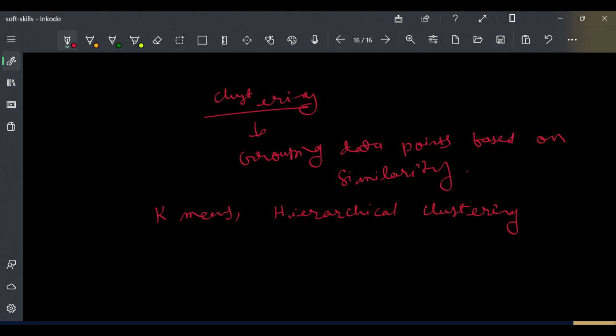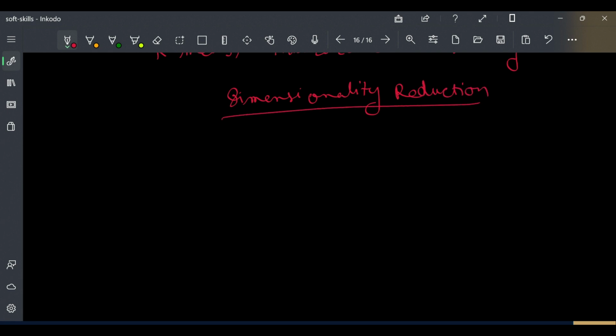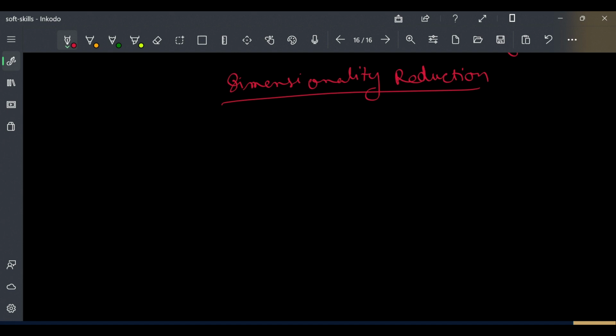So the second one is dimensionality reduction. So in this, let me write it down. Dimensionality reduction. In this, we are reducing the number of features while preserving essential information.